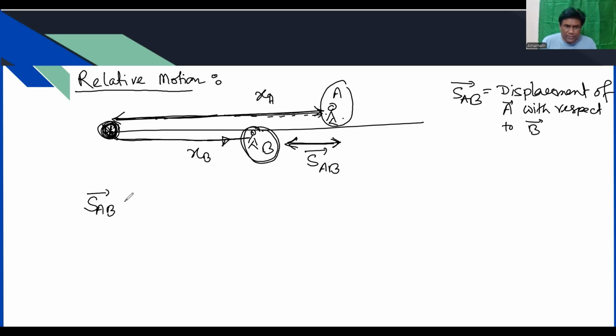So by definition, what is SAB? SAB is nothing but a gap only. That gap is nothing but the total distance by A minus B. So it is the displacement made by A minus B. So what is SAB?